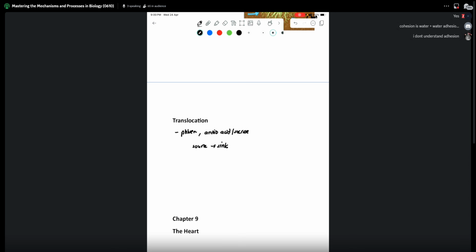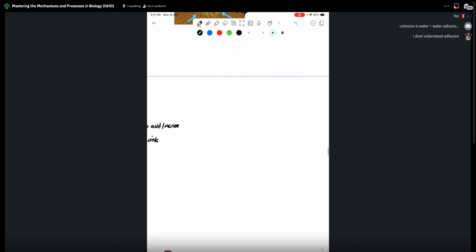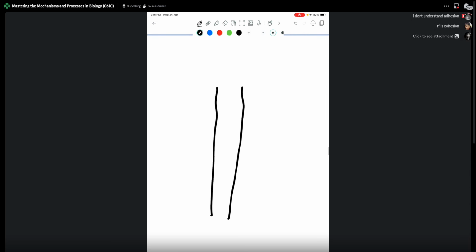Adhesion, what I mean is the water and the wall. For example, this is the xylem wall. Then the water molecules will line on the wall. This is called adhesion, a strong bonding where it binds with the wall.